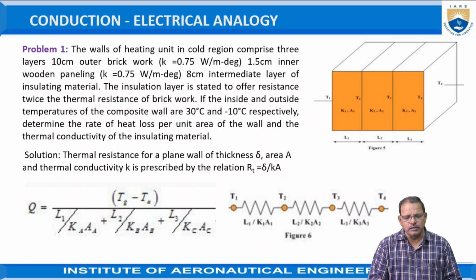The insulation layer is stated to offer twice the thermal resistance of the brickwork. If the inside and outside temperatures of the composite wall are 30 degrees centigrade and minus 10 degrees centigrade respectively, determine the rate of heat loss per unit area of the wall and the thermal conductivity of the insulating material.